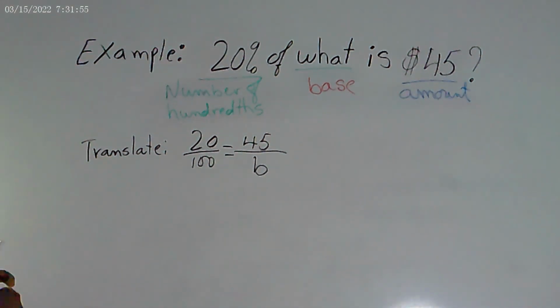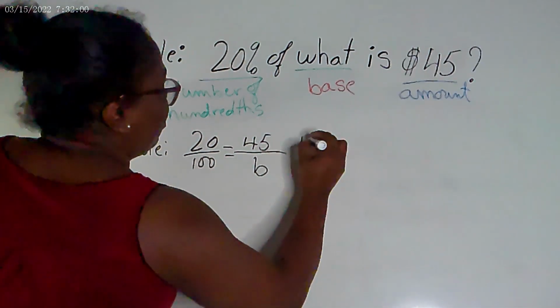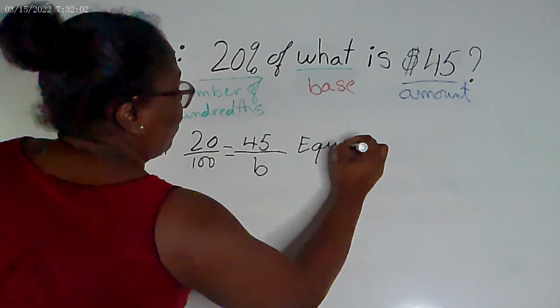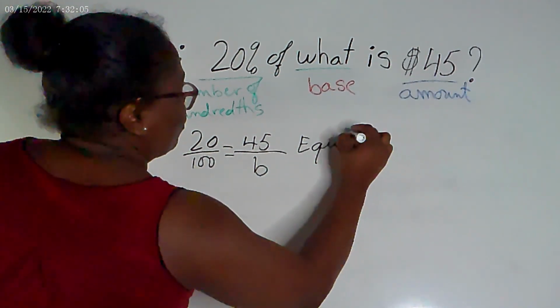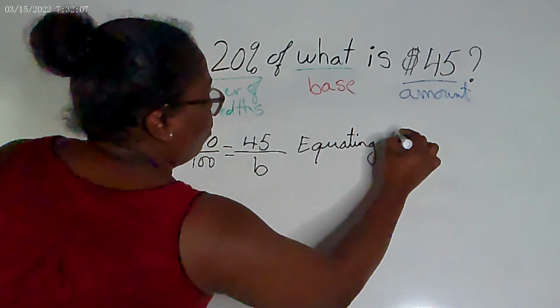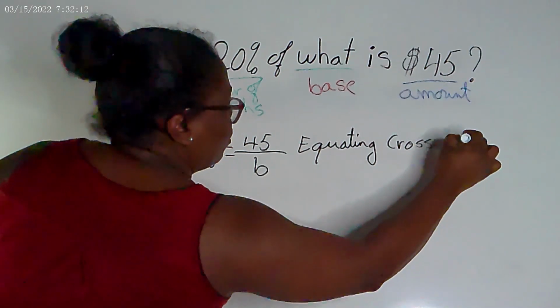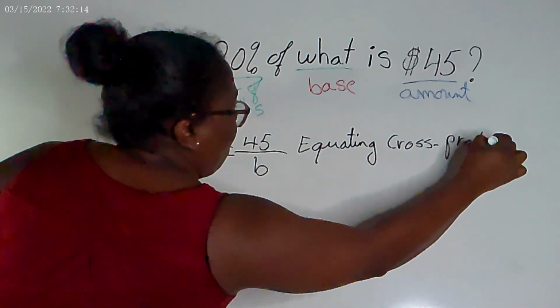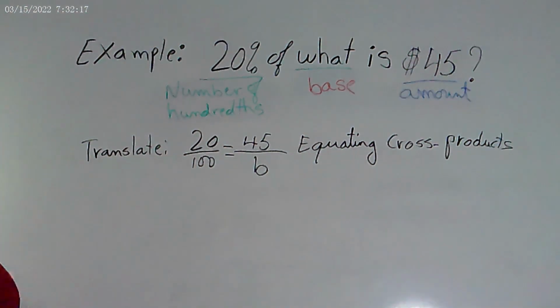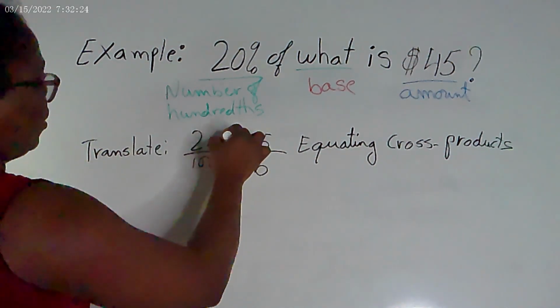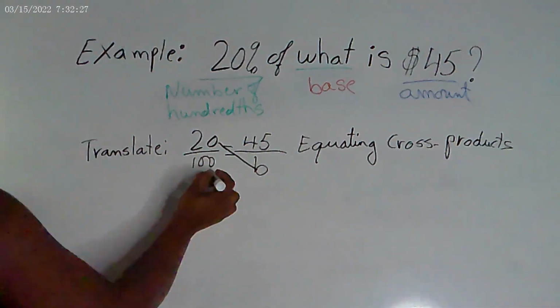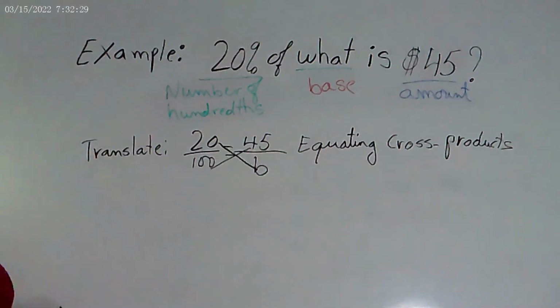Okay. So now equating cross product. So we're going to have 20 times B and 100 times 45.